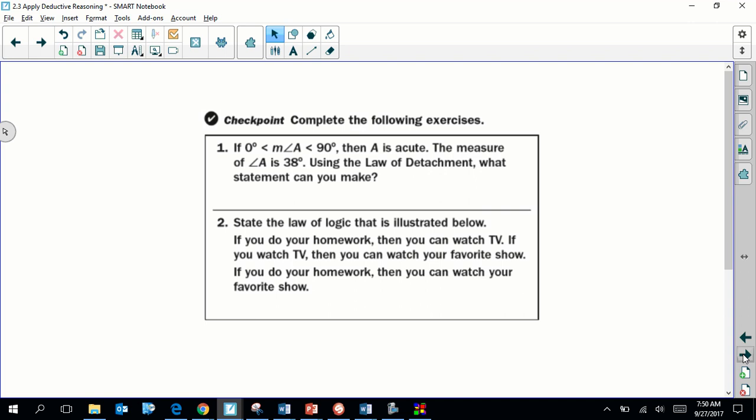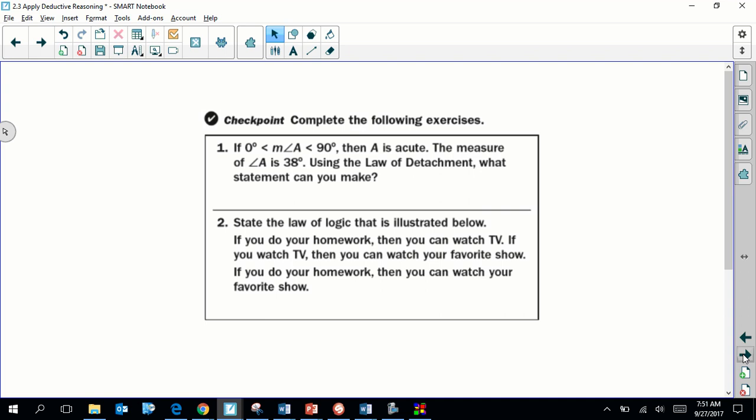Okay, in checkpoint question 1, we have a compound inequality that says the measure of angle A is greater than 0 degrees and less than 90 degrees, then A is acute. The measure of angle A is 38 degrees. Using the law of detachment, what statement can you draw?